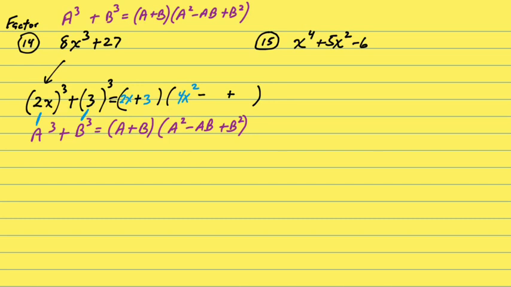Minus A times B, that means 2x times 3, or 6x. And plus B squared. If B is 3, B squared or 3 squared would be 9. So factored, this would be 2x plus 3 times 4x squared minus 6x plus 9.